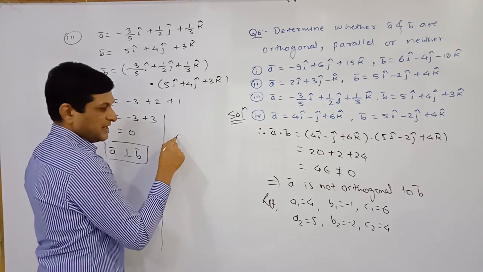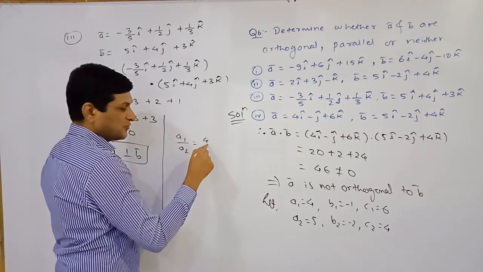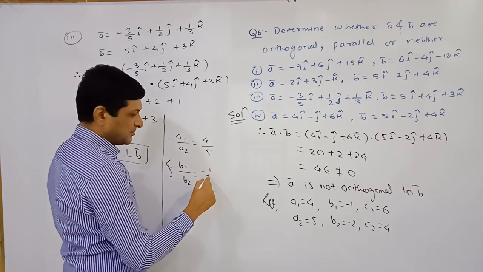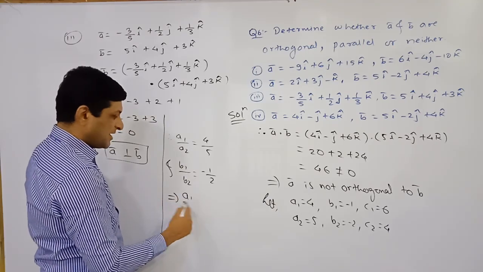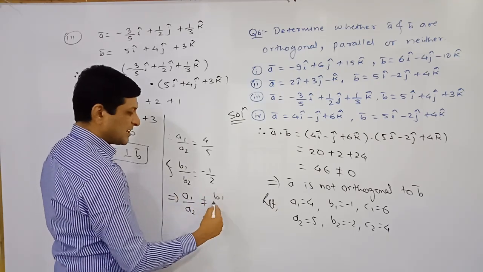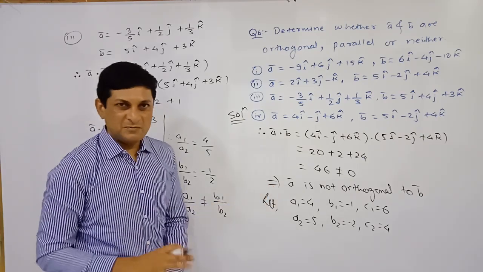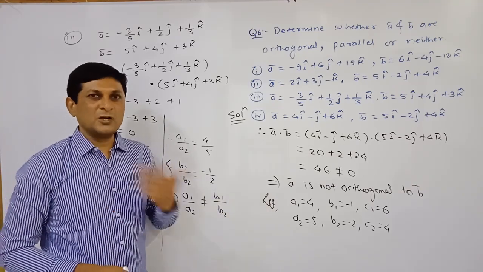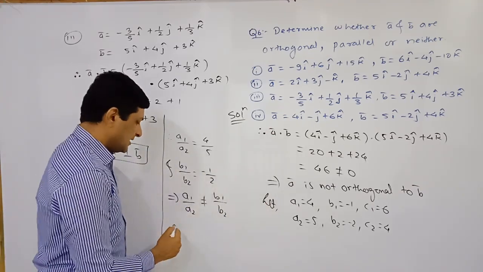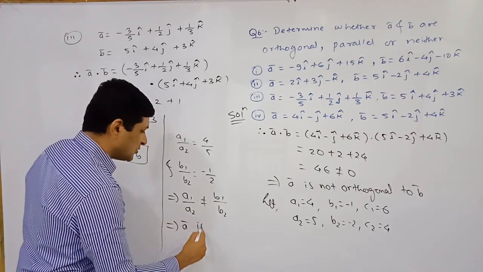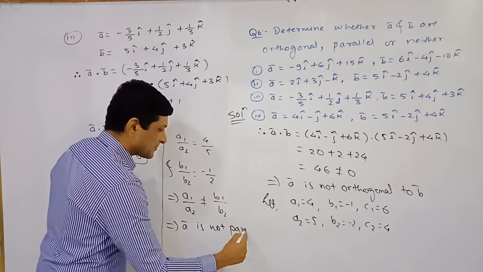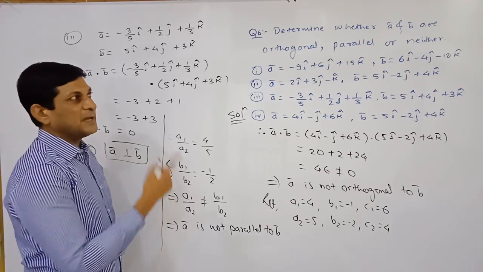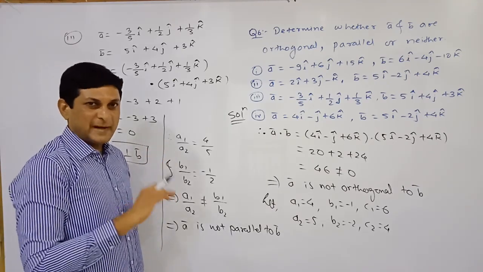Therefore a1 upon a2 is equal to 4 by 5, and b1 upon b2 is minus 1 by minus 2, which is 1 by 2. So this implies that a1 upon a2 is not equal to b1 upon b2. It is not necessary to find c1 upon c2, because the first two ratios are unequal. From this we can conclude that these two vectors are not parallel. So this implies that A bar is not parallel to B bar. Means our answer is A bar and B bar are neither perpendicular nor parallel.